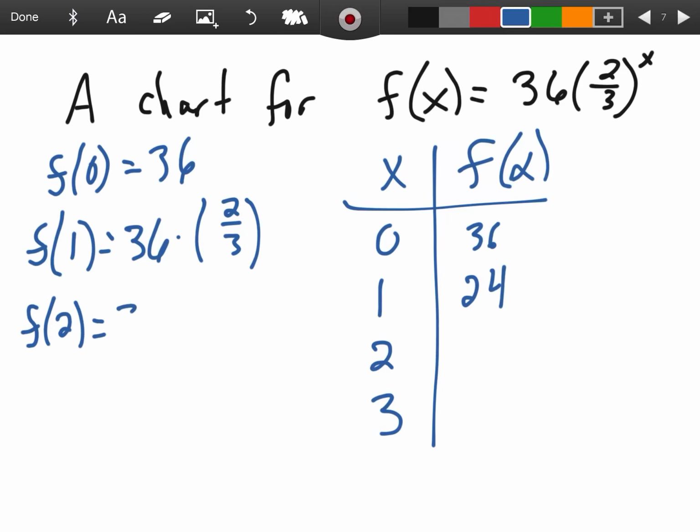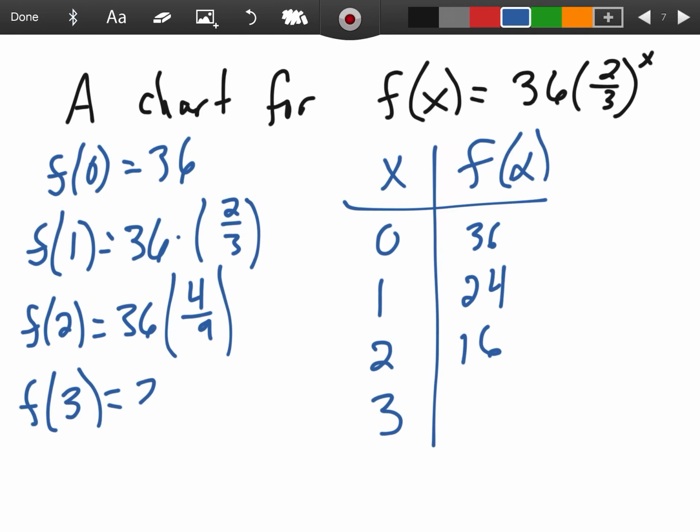F of 2, that's 36 times 2/3 squared, which is 4/9. 36 divided by 9 is 4, times 4 is 16. And lastly, f of 3, I've got 36 times 2/3 cubed now is going to be 8 over 27.